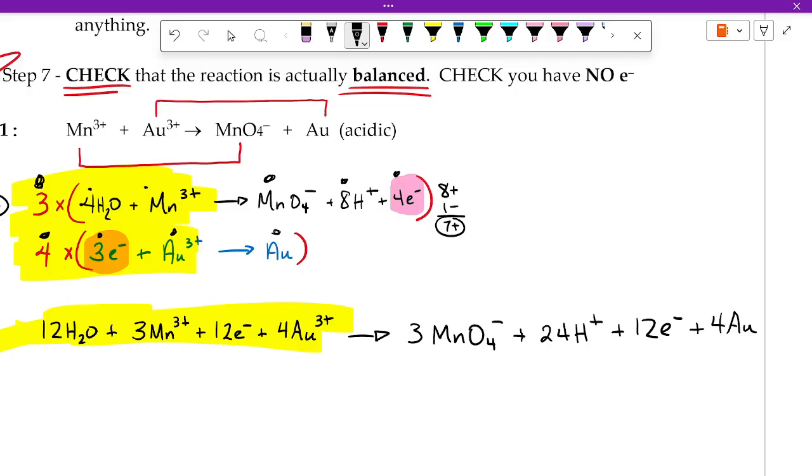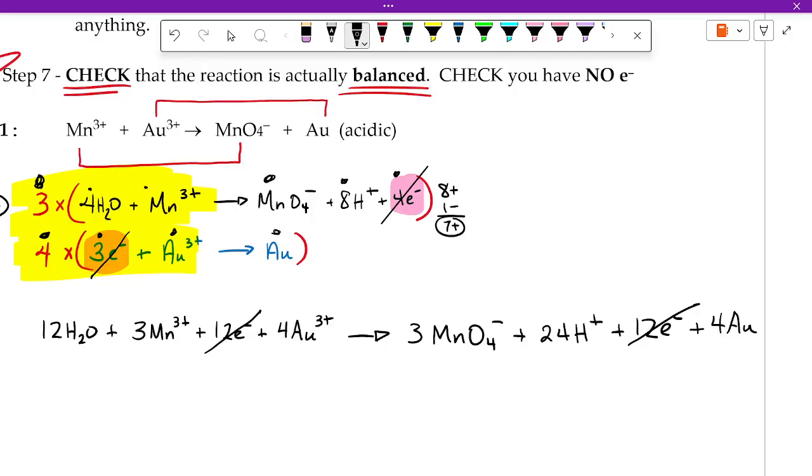Now, at this point, if there is anything we can cancel, we should cancel it. It's up to you: you could cancel your electrons up here and just be done, or you can have them down here and cancel them down here. It doesn't matter where you cancel them as long as they get canceled.